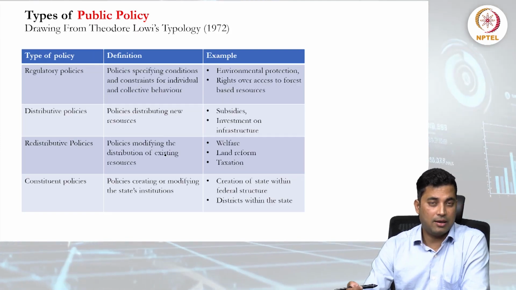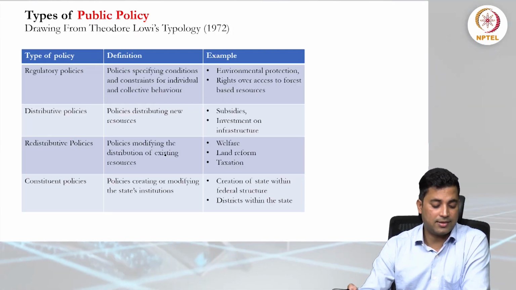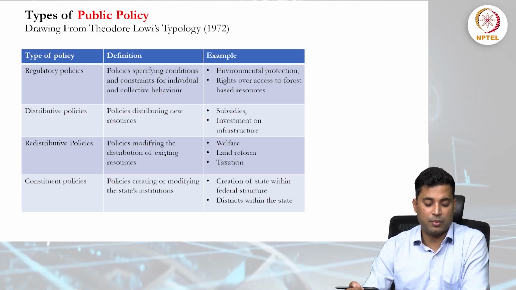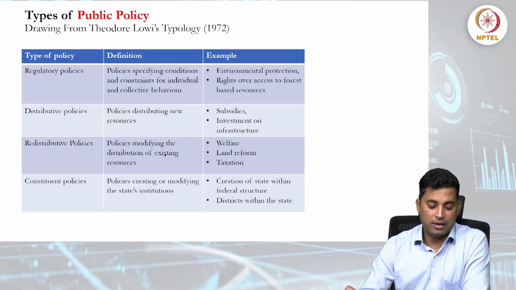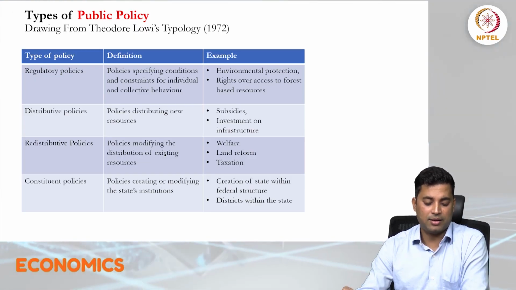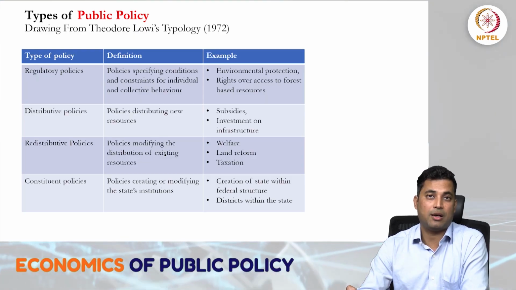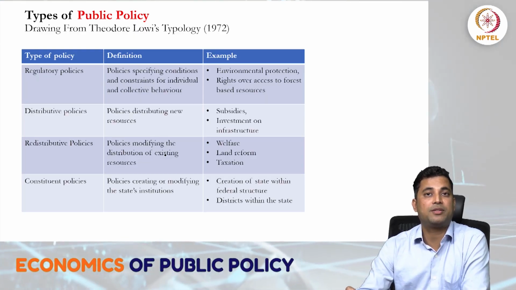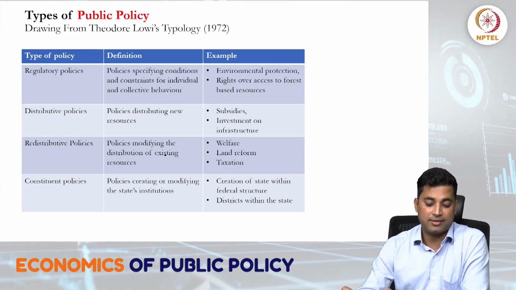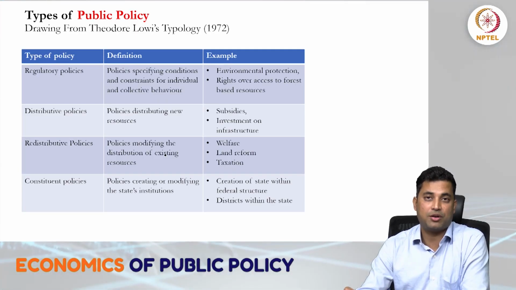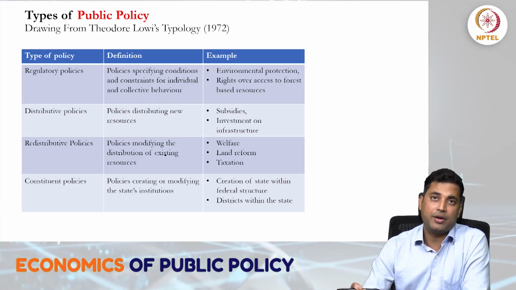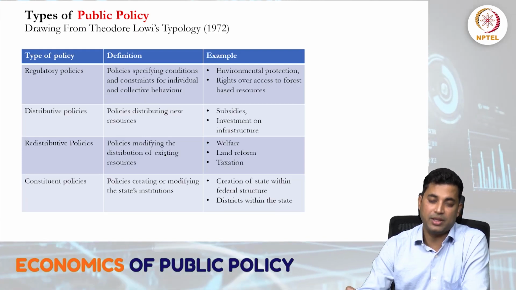So now the last set of policies is constituent policies, which are quite broad in nature, and which modify the state's institutions. So this is related to policies to revamp the institutions or the state itself. An example could be creation of a state within a federal structure or creation of districts within a state.